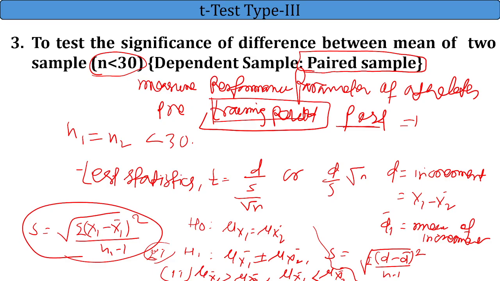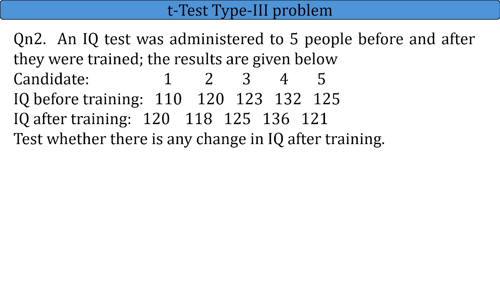Now we'll solve a problem based on this, only one problem. An IQ test was administered to 5 people before and after they were trained. Some sort of training was there. We checked before the training and after the training of the 5 people whether there is any change or not.